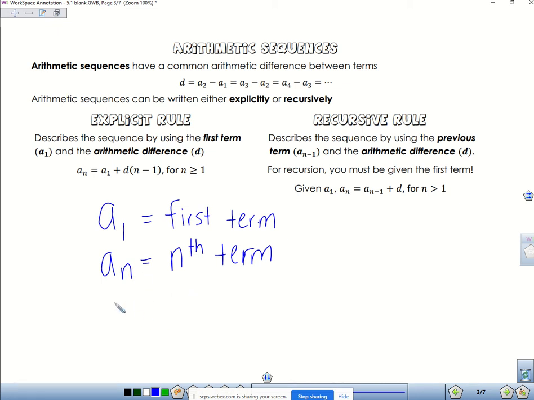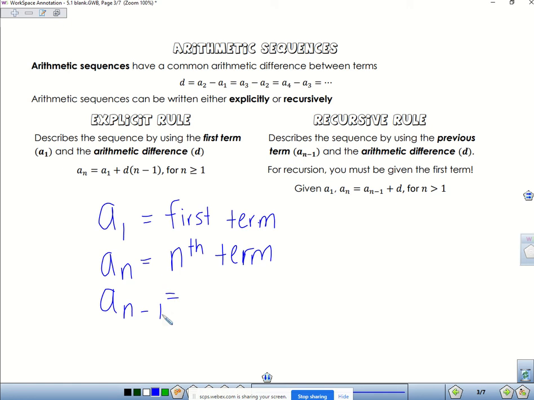Okay, and then the ones that you'll see sometimes are a sub n minus 1. Any ideas what this would be? It would be the term directly before the nth term, right? Because if I wanted just to ask what was your age before this, directly before the age you are now, what would you do to your age?